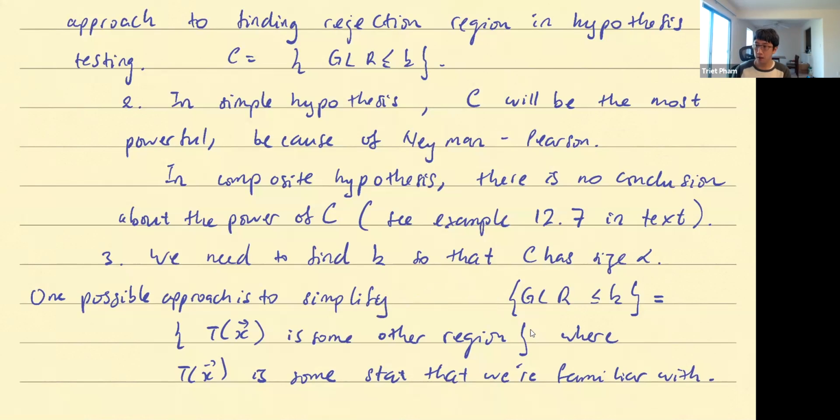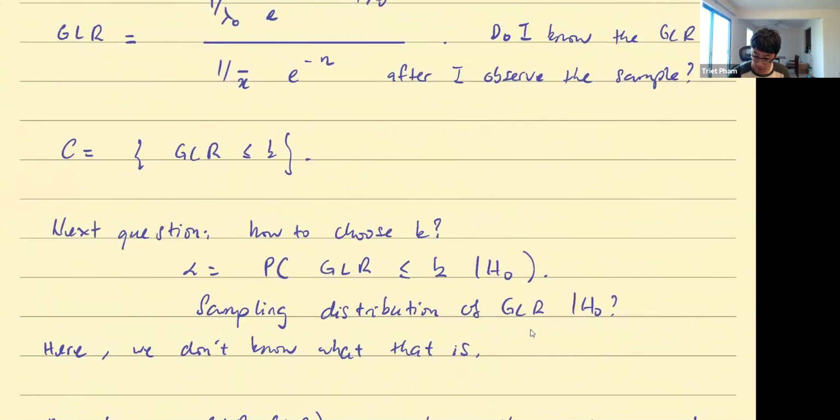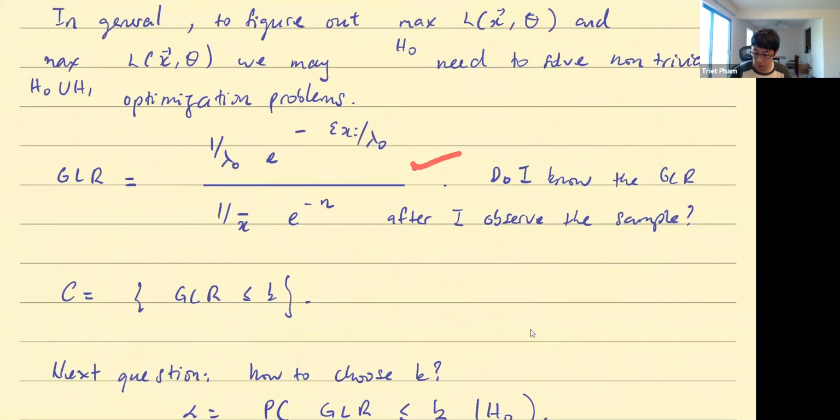So what I'm trying to say is this. You always need to find this K so that the region has size alpha. To find this K, you need the sampling distribution of the GLR like this. You almost want to say that this is a function of X bar, which it is. You see, this is a function of X bar.